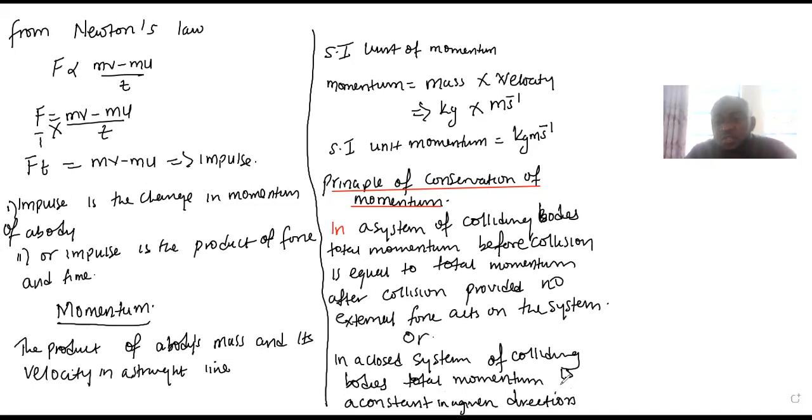Now, they can ask you to use Newton's law. Which law? Normally, people will call it the second law. When you use Newton's second law, then you can be in a position to go ahead and prove the principle of conservation of momentum.